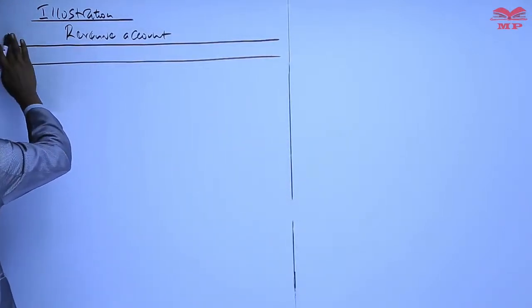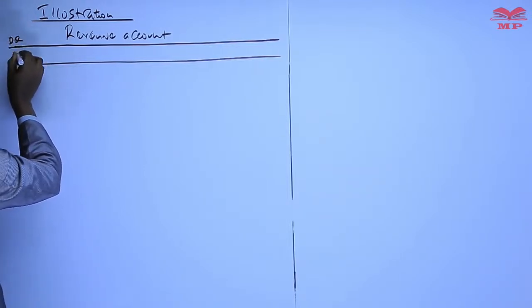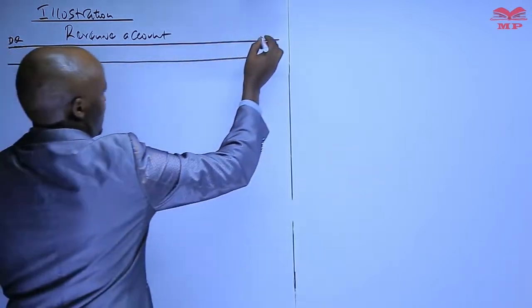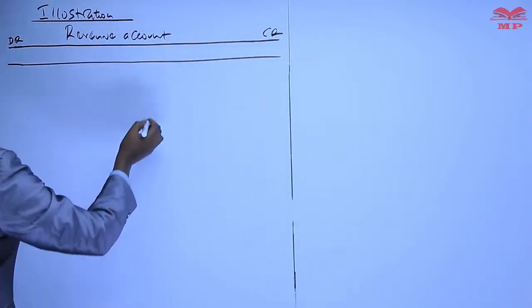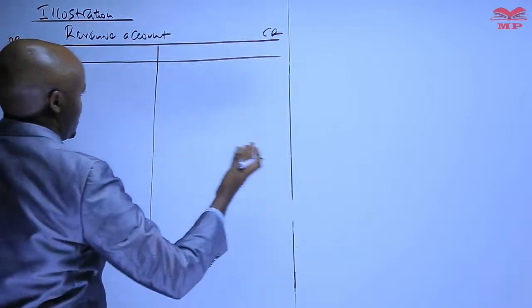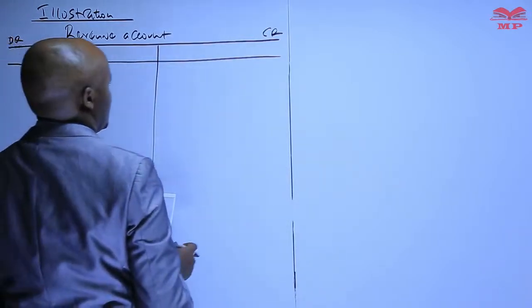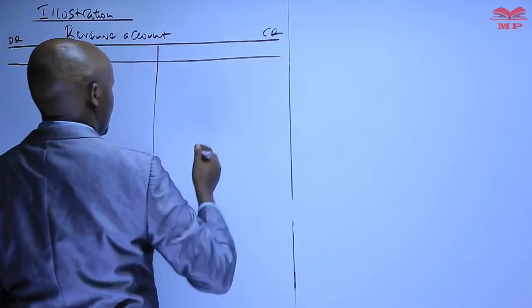This will be the debit side, whereas this is the credit side. And this particular account will be having 2 sides. This is the credit, this is the debit. And then we prepare those 2 revenue accounts concurrently.